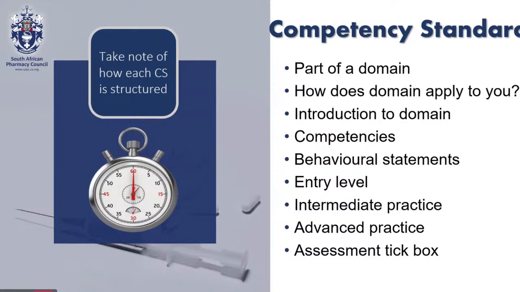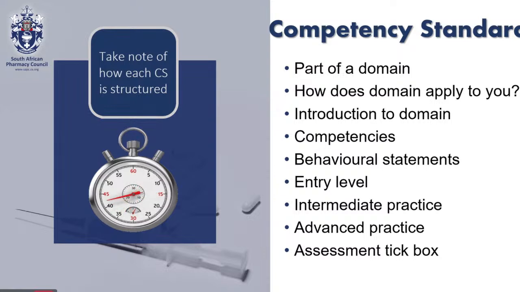We've talked about the competency standards and the bigger domains, and now you have to take note of how it is structured: how the domain applies to you, an introduction to the domain, competencies, behavioral statements, entry level, intermediate and advanced, and then a tick box.